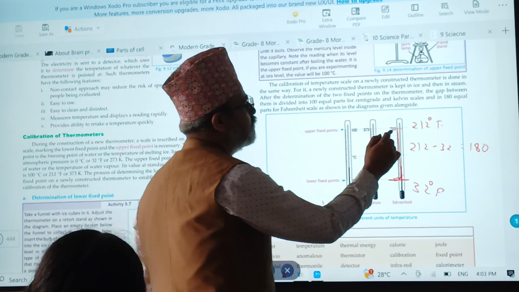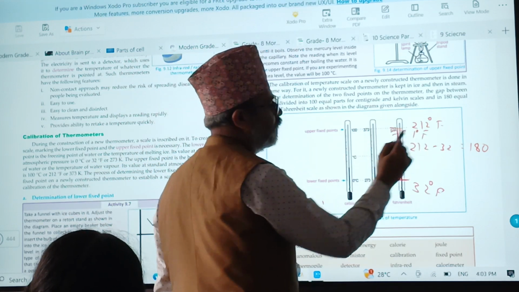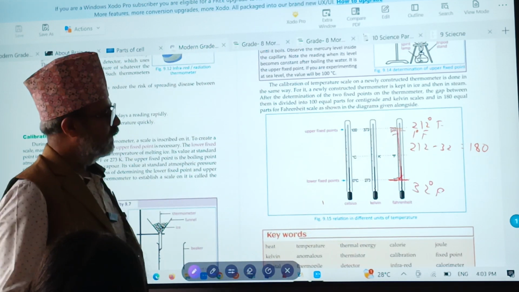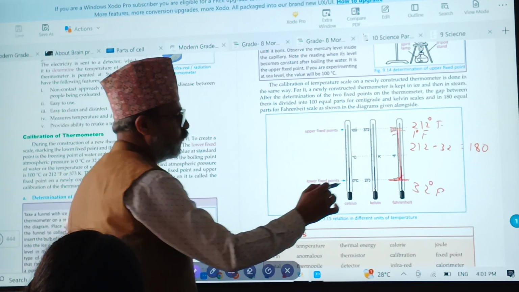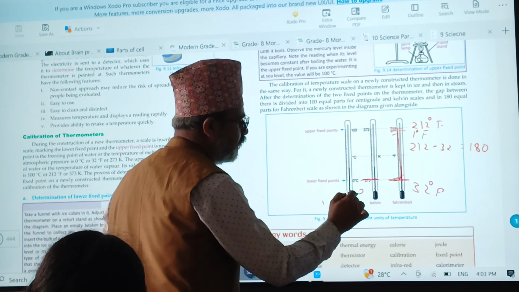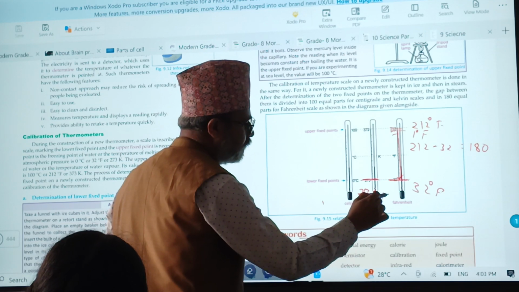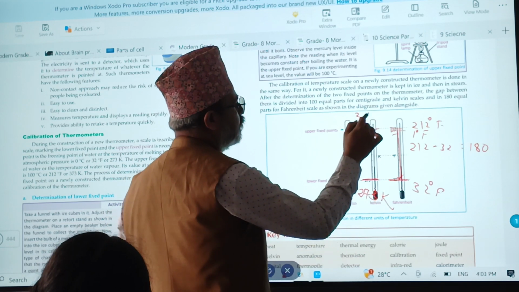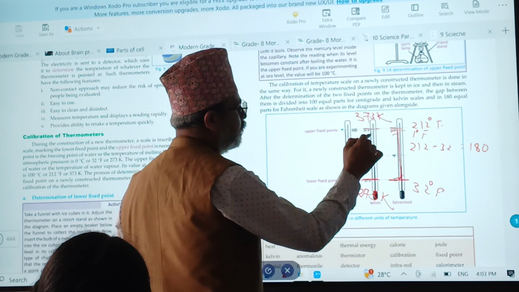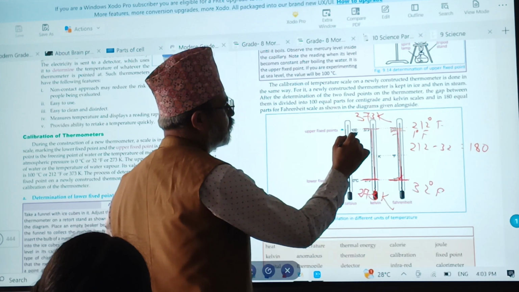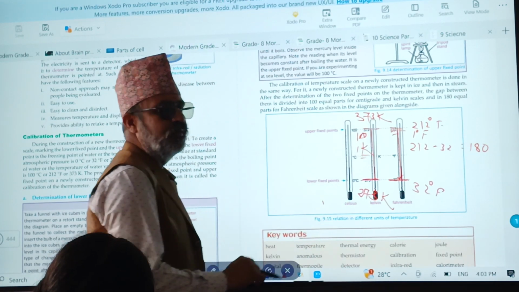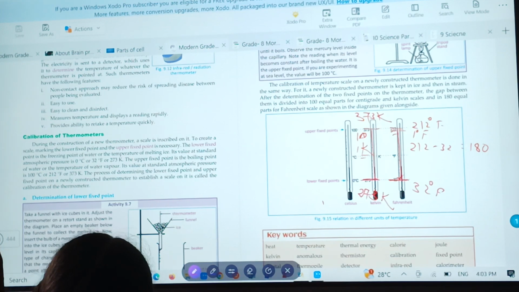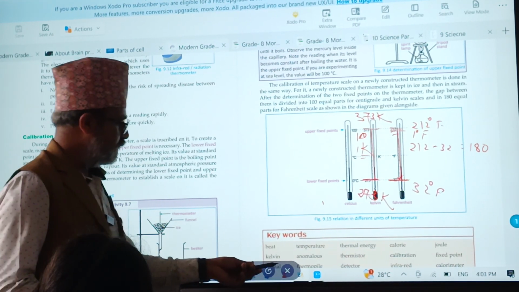So each division equals 1 degree Fahrenheit. But in case of Kelvin, what do they do? The lower fixed point is marked as 273 Kelvin, upper 373 Kelvin. What are the divisions? 100, meaning 1 division equals 1 Kelvin. This is calibration of thermometer.